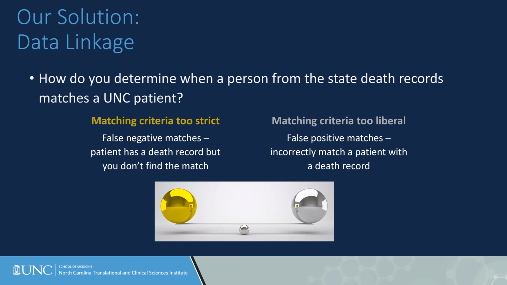On the other hand, if we set our matching criteria too liberally, we'll end up with too many false positive matches, where we have matched a patient with a death record when that shouldn't have happened, maybe because that patient doesn't have a state death record or because we matched them with the wrong one. So we're left with the challenge of balancing too strict with too liberal in our matching criteria, trying to minimize both false negative matches and false positive matches.